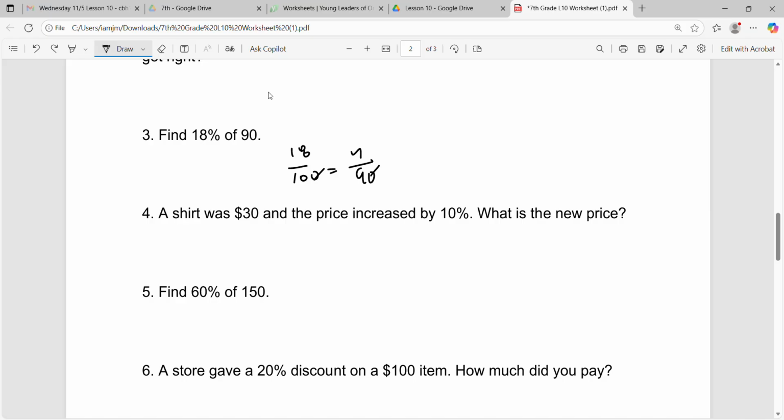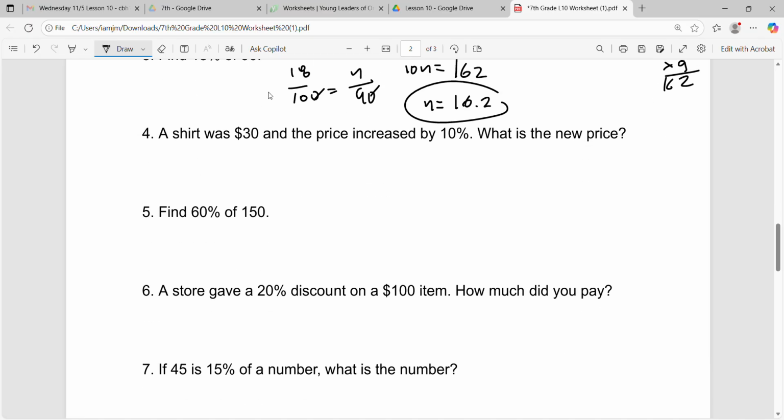This is much easier to divide with 10 than any other number. So 10n equals 18 times 9, which is 162. 162 divided by 10: move the decimal point by 1. You get 16.2 as your answer.